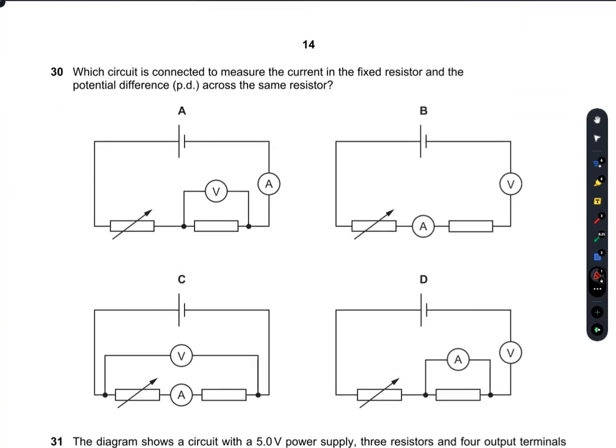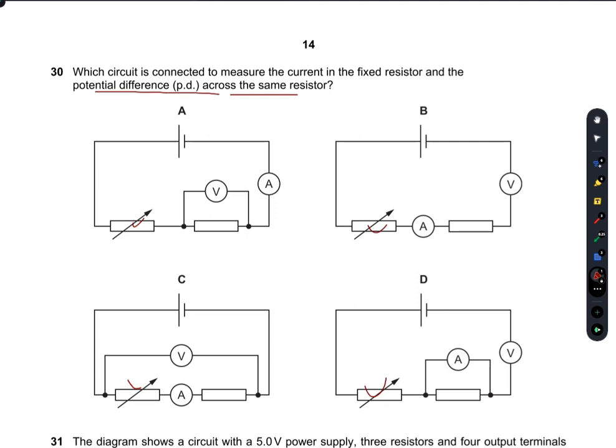Which circuit is connected to measure the current in the fixed resistor and the PD across the same resistor? So in A, C, these all are the light dependent resistors. So we have to find the current in the fixed resistor and the PD across the same resistor.